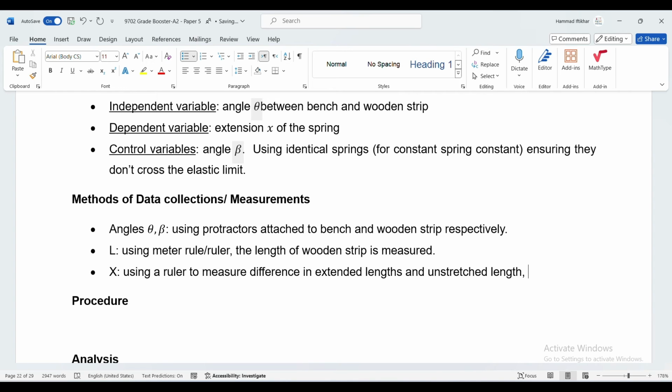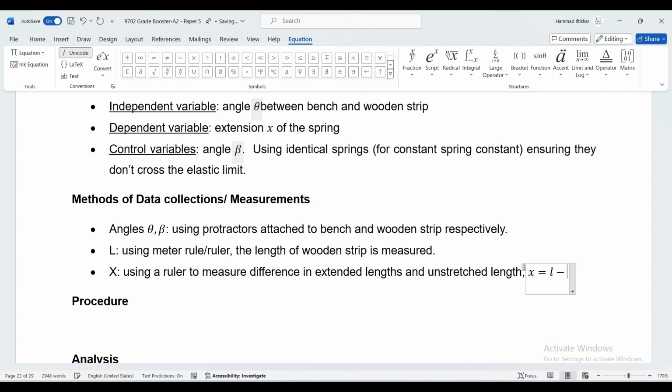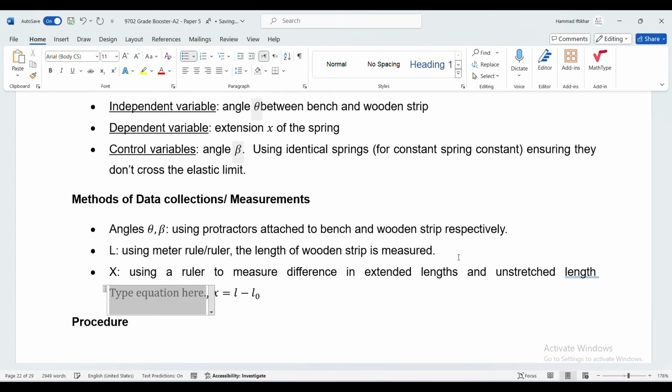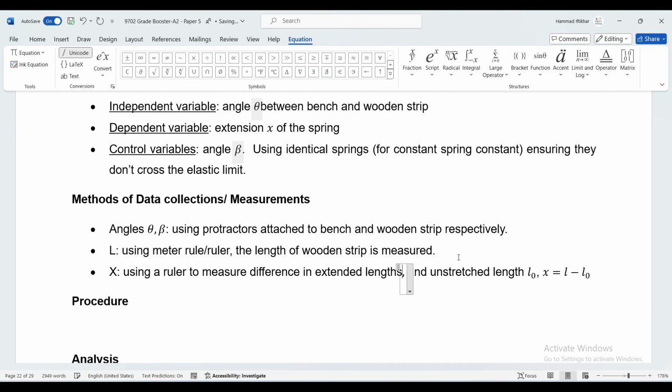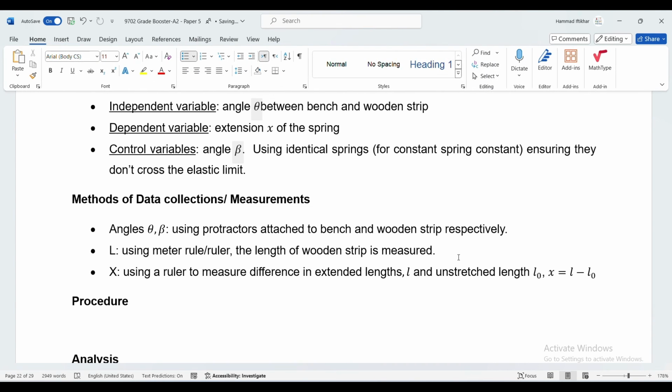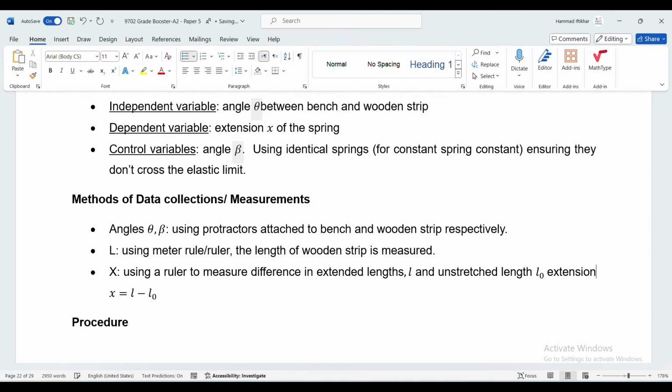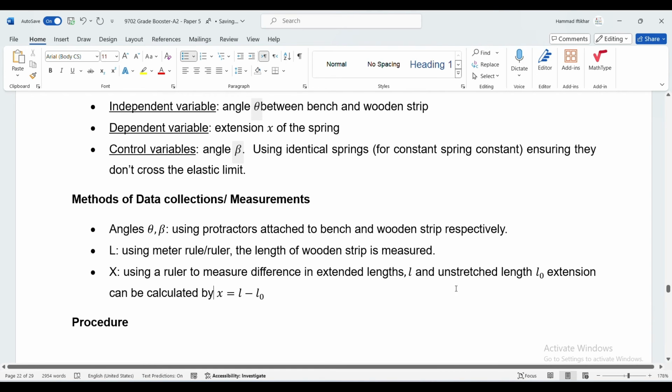So basically, x is going to be L minus L naught, where this is L naught, the unstretched length, and L the extended length. Extension can be calculated by Excel.